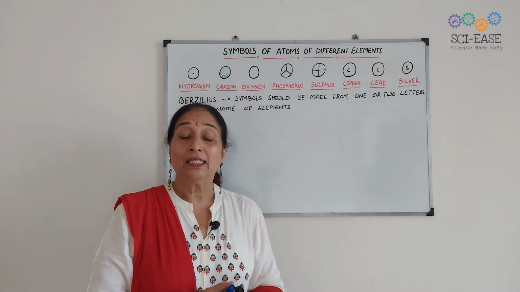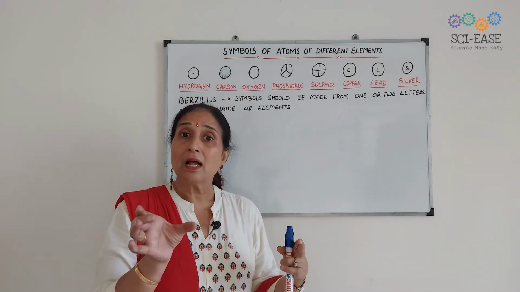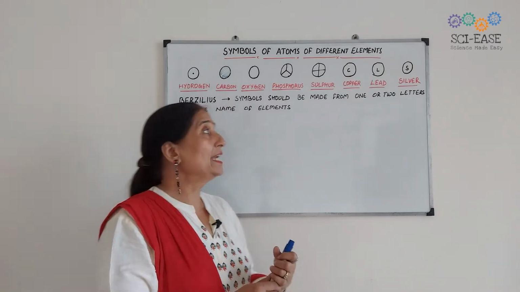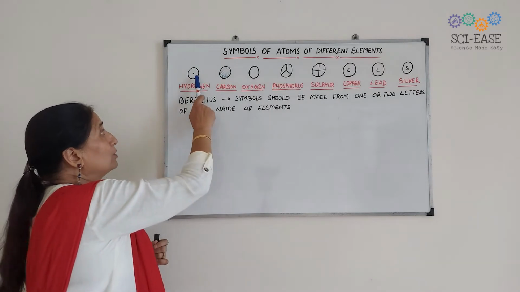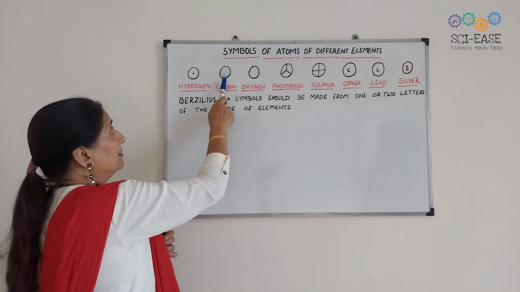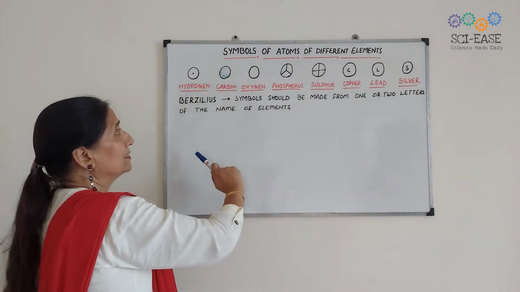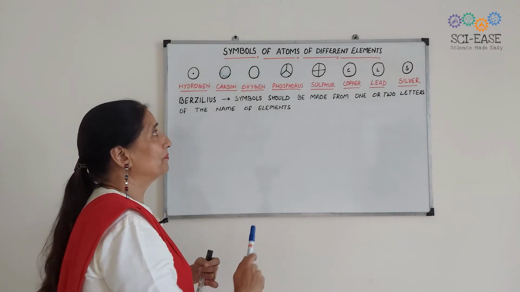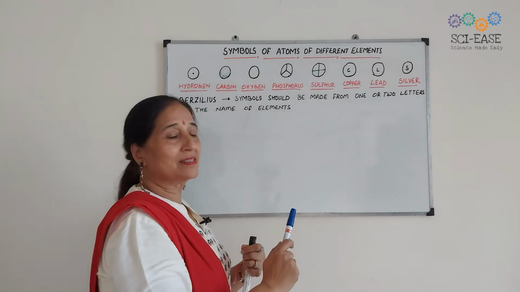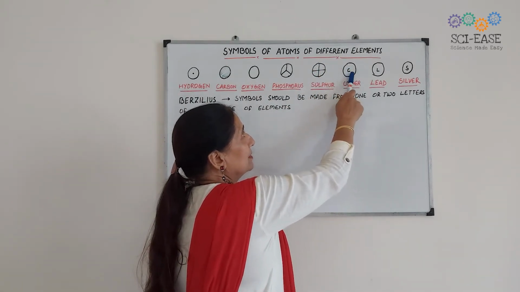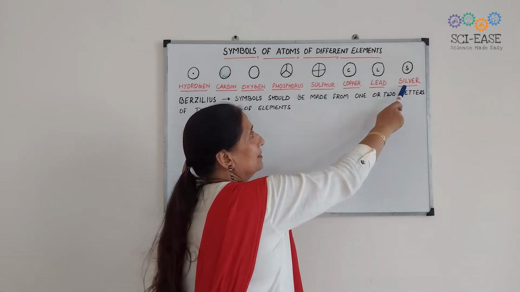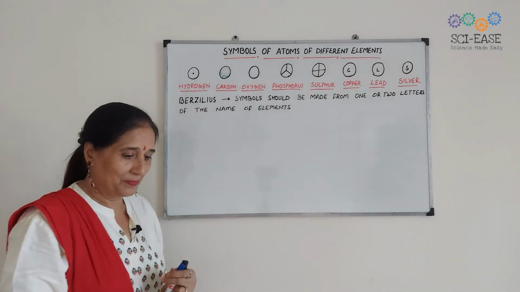So he gave some symbols, like to hydrogen, like this, then carbon, a circle with shade, oxygen, only a circle, phosphorus like this, sulfur, a plus sign in the circle, copper, C in the circle, lead, L in the circle, and silver, S in the circle.